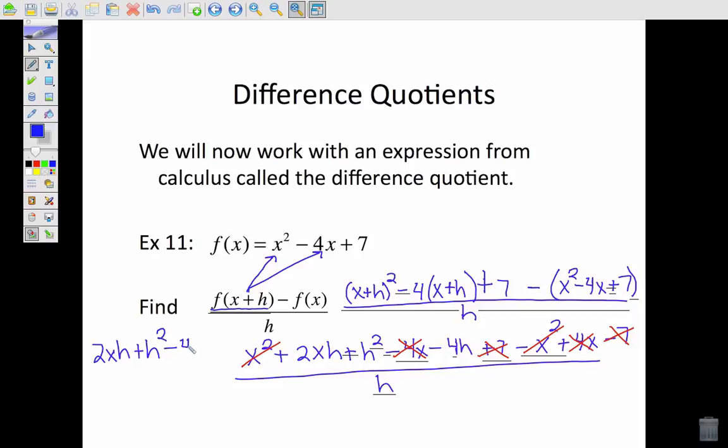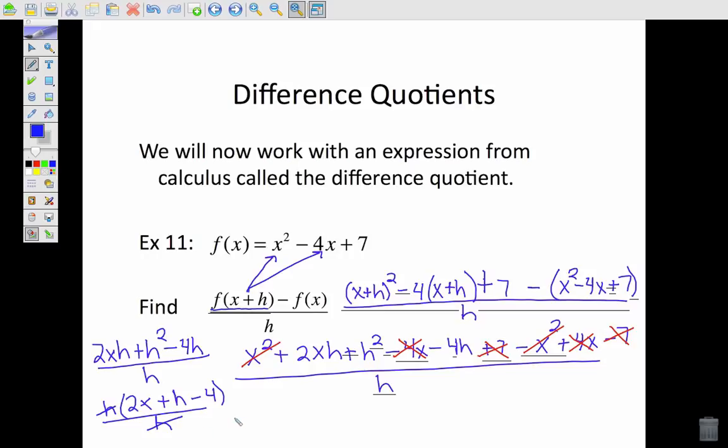So here's what I've got left. I've got 2xh plus h squared minus 4h, and all of this is being divided by h. You can see here that there's a like factor of h. Let's factor it out. You get h times 2x plus h minus 4, divided by h.